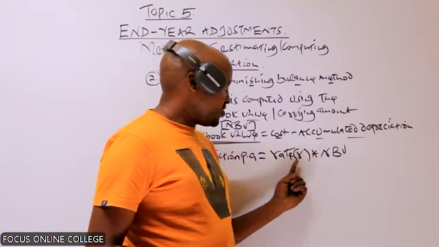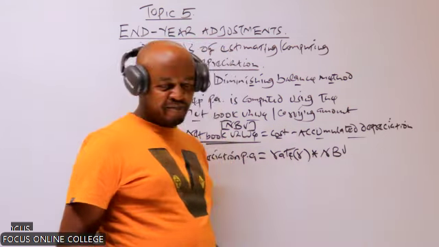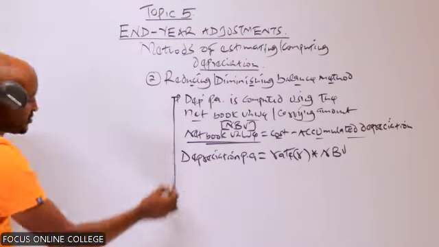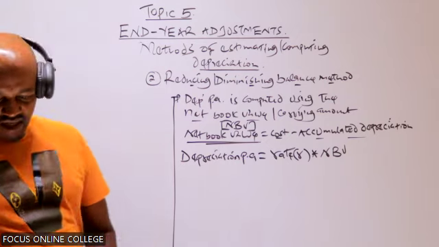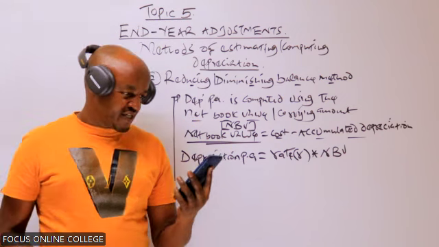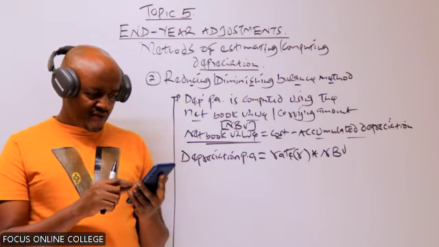So in this case, you take the rate and compute the net book value. I'll show you how we compute the net book value in an illustration. There is also a small illustration in the handout which I've shared with you.